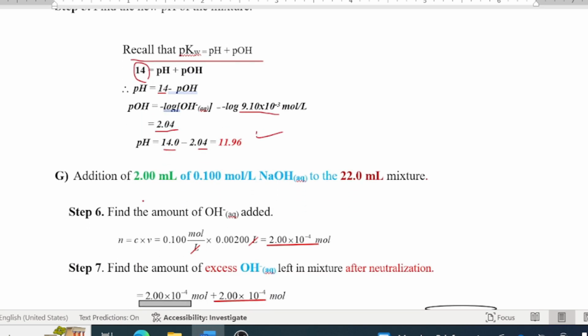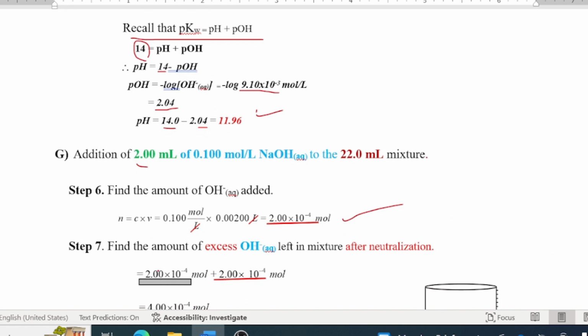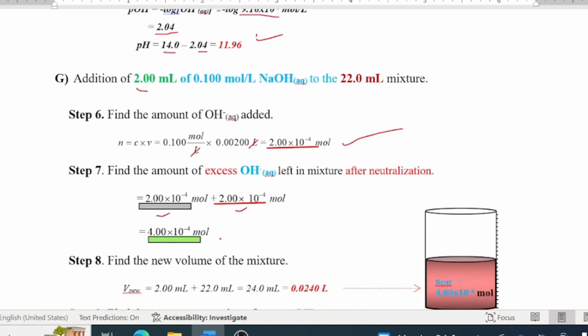If you add another 2 milliliters, we always know that is the amount of OH you're adding. You don't have to keep calculating all the time, but it's being added to what is there before. That is the amount that was there before, and now you're adding the same amount. So in the end, you end up with a new amount of OH, which is this, but in a new volume of 2 plus 22, that's equal to 24 milliliters.